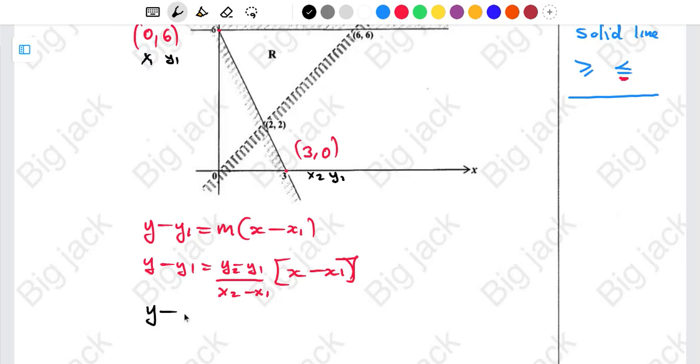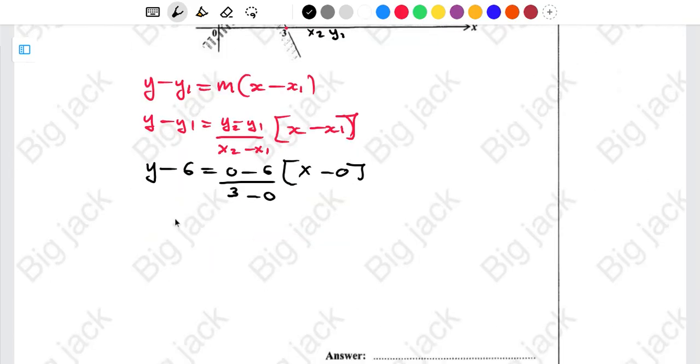We have y1 as 6, y2 as 0, divided by x2 as 3, x1 as 0. So we can just do this. y minus 6 is going to be equal to negative 6 divided by 3, which gives negative 2.